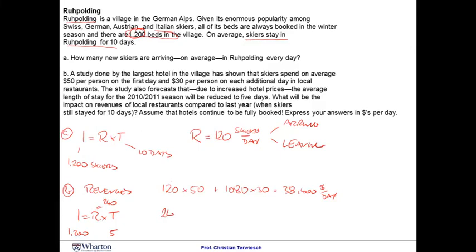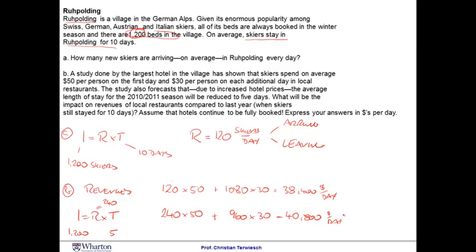Because you now have 240 skiers come and spend $50, plus now 1,200 minus the 240, 960 skiers who are on their non-first evening, and they continue to spend $30, and that is now a higher number, and according to my math, that gets me $40,800 per day.